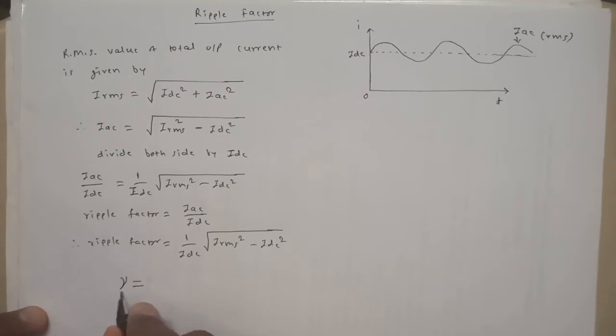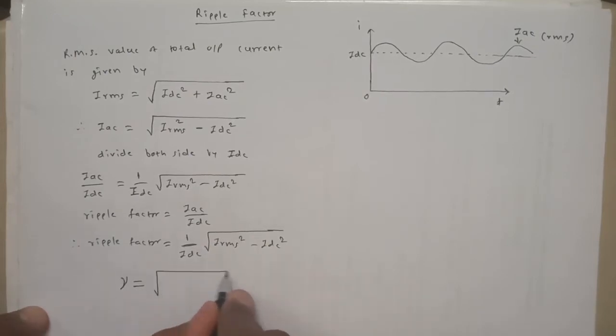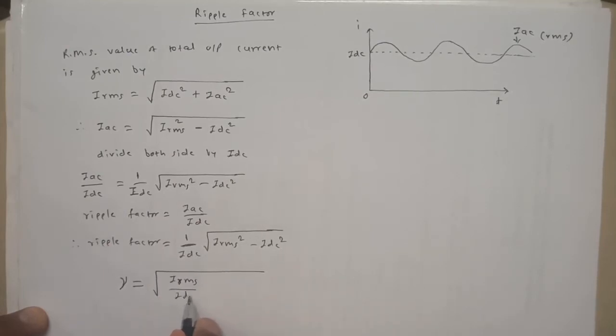So now further, what I will do, I will take this IDC inside the square root. So if I take it inside the square root, what I am getting, this IRMS square as it is, but I am taking IDC inside the square root. That's why here I will take IDC, and if I am taking it inside the square root, I should take its square, right?